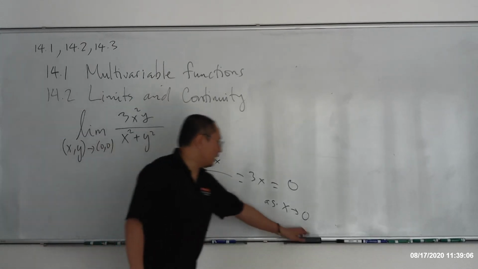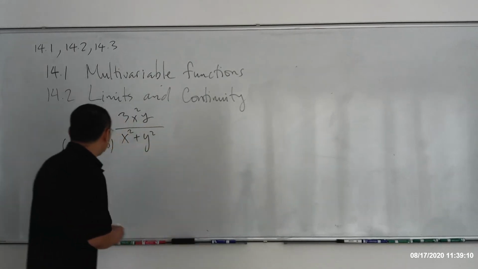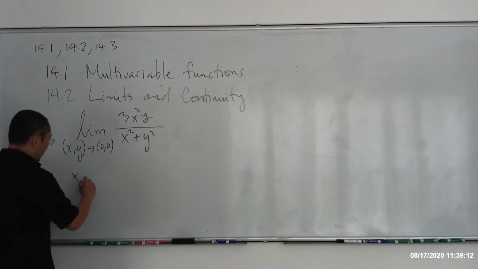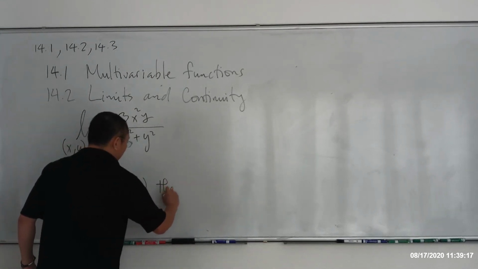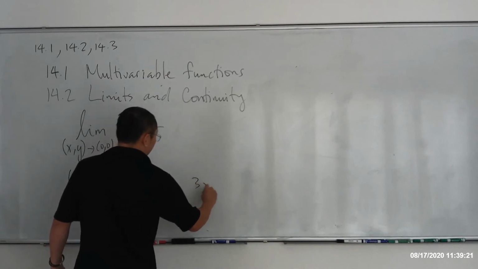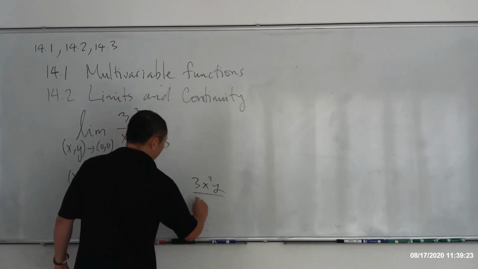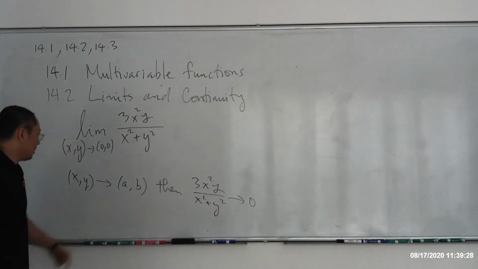Okay? So we're going to use the definition. One more time, we have to write down the definition. If x, y approaches a, b, then the function right here, 3x squared y over x squared plus y squared, is going to get close to 0. That was the idea. And how do you represent this?